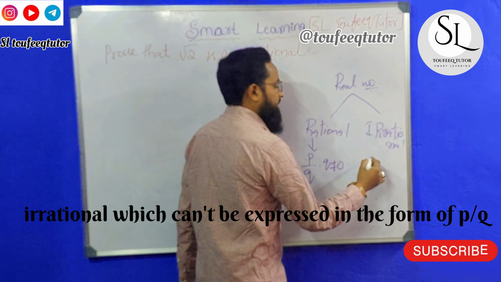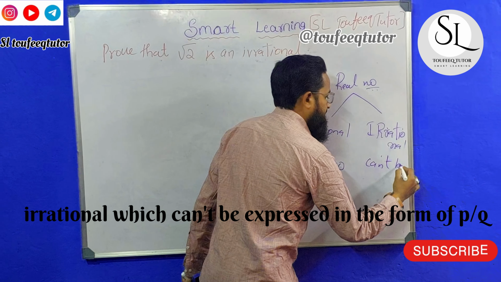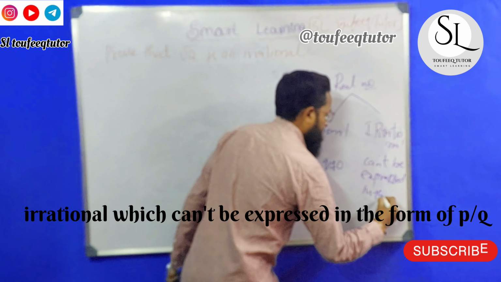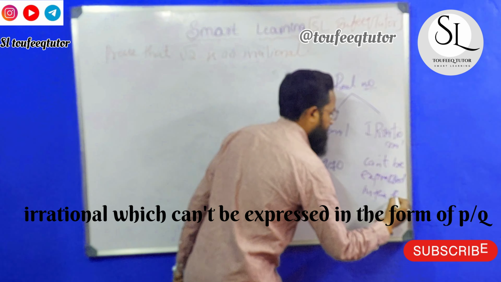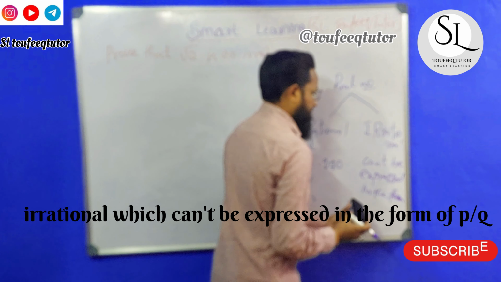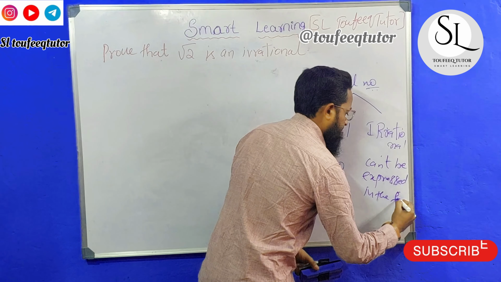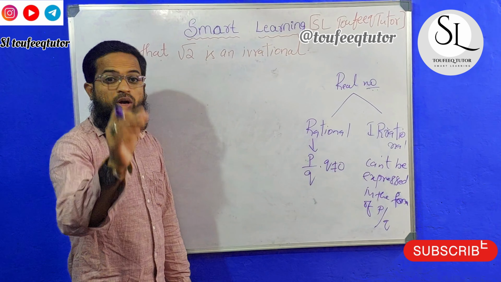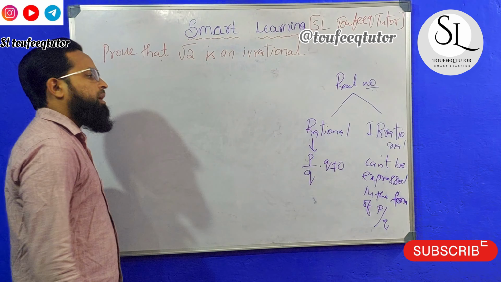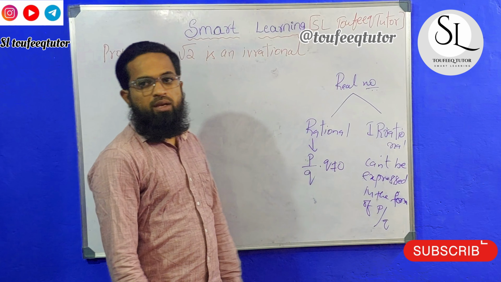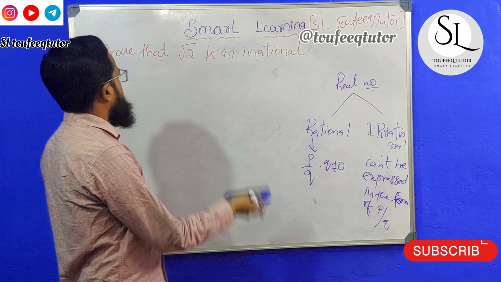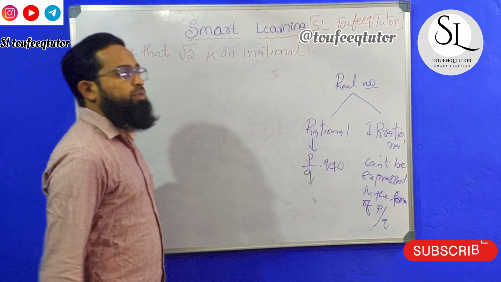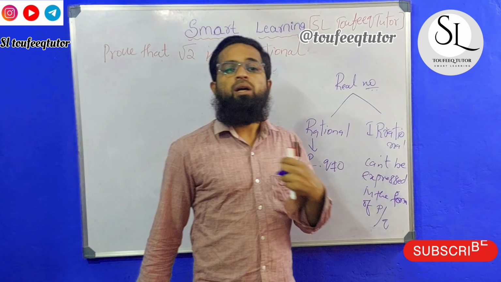Whereas irrational cannot be expressed in the form of P by Q. Such numbers are called irrational. That is what we are going to do in this class: how to prove root 2 is irrational, because it is already irrational, but still we should prove this because it is a 3-mark question.